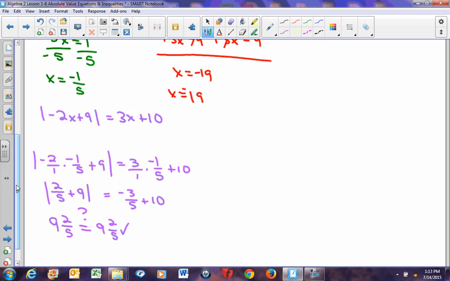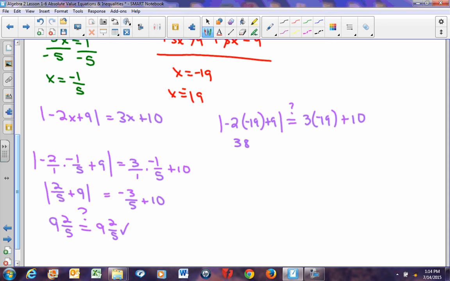Right, same equation. I'm going to do the same thing. I'm going to have outside of negative 2 times negative 19 plus 9. Does that equal 3 times negative 19 plus 10? Negative 19 times negative 2 is positive 38.